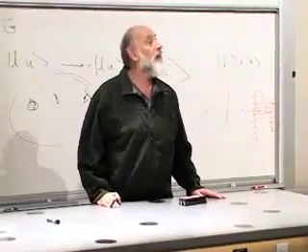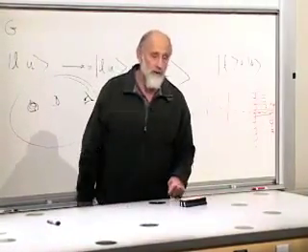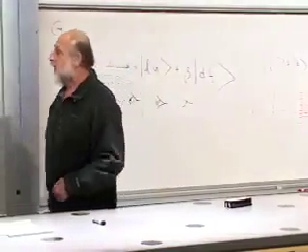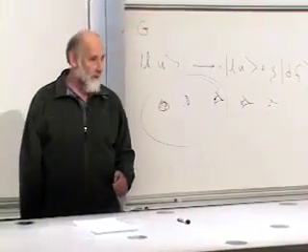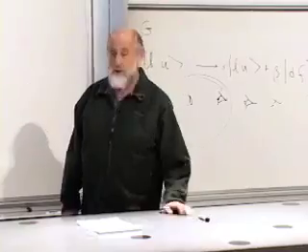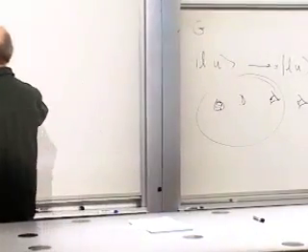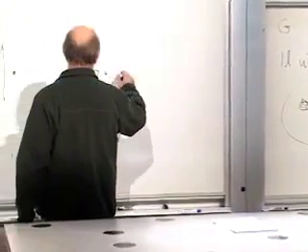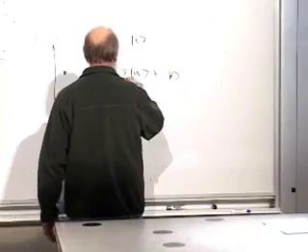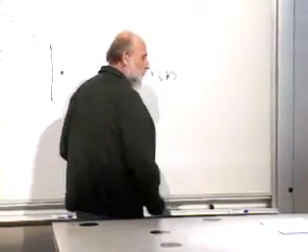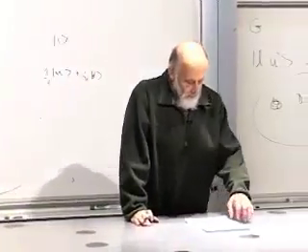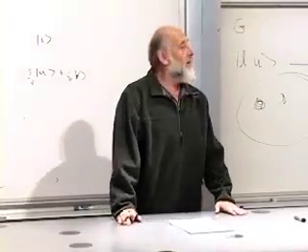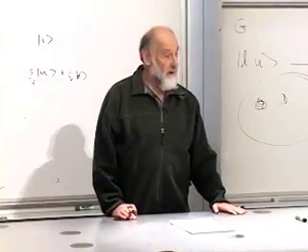And I'll give you a probability, though. 75% likelihood that it's up, 25% likelihood that it's down. This is not a situation where you would write up plus down, or even 3/4 up plus 1/4 down. That's not right, but you know what I mean. You wouldn't add the states together at all with a definite phase.